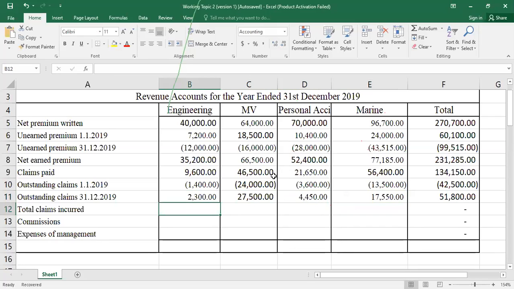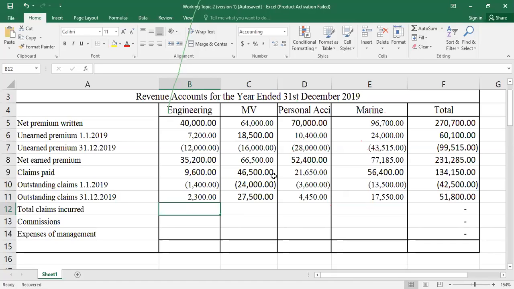So that should give us now the figures for the total claims. So we'll be adding the 96, we subtract 14, then we add back 23. What are we going to get for the engineering insurance? We are doing the figures for claims only.